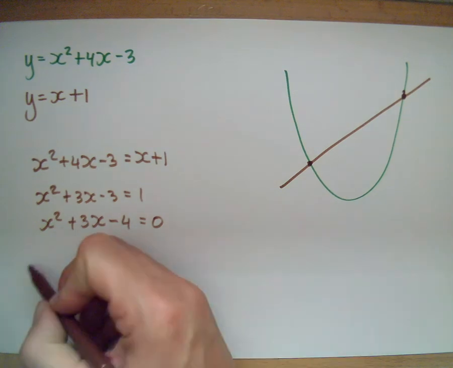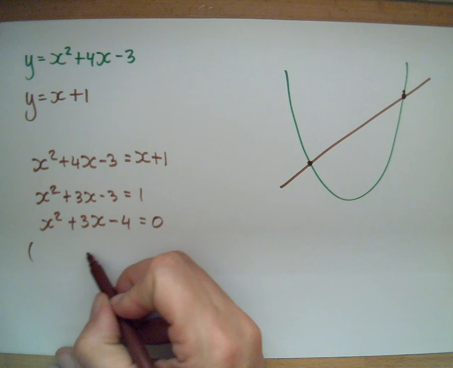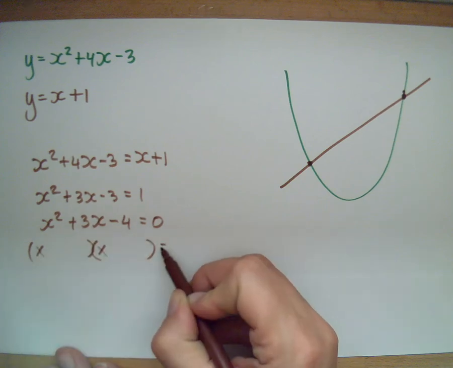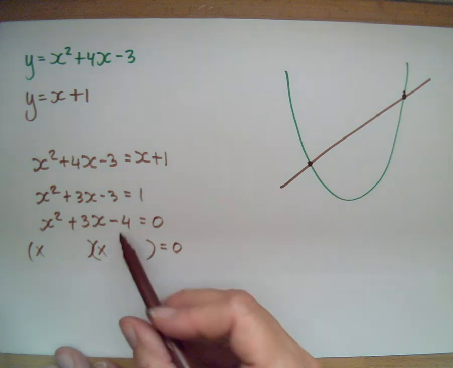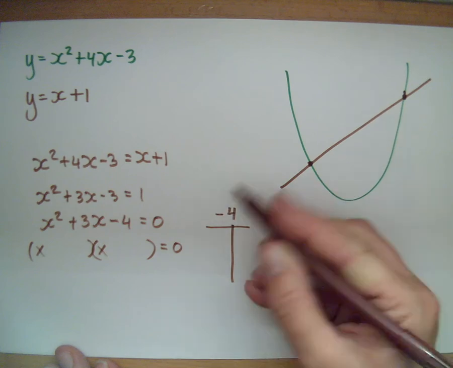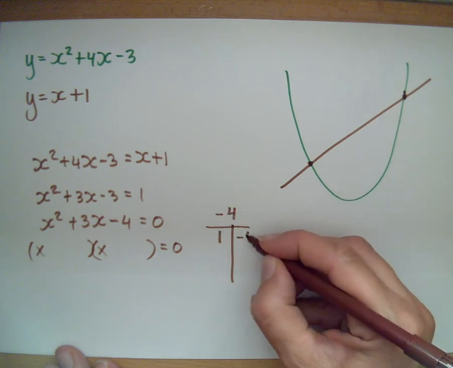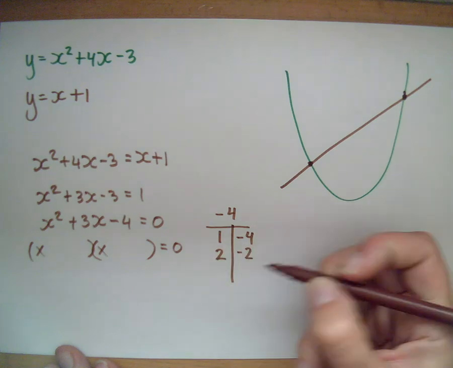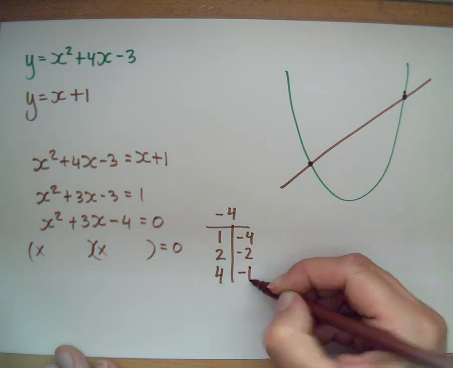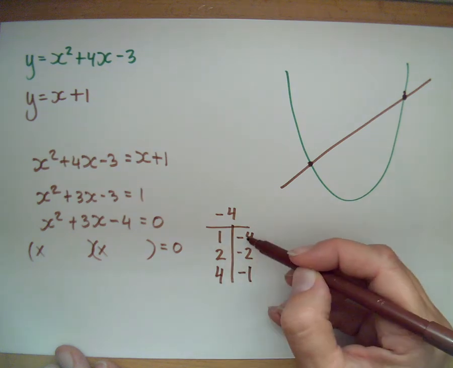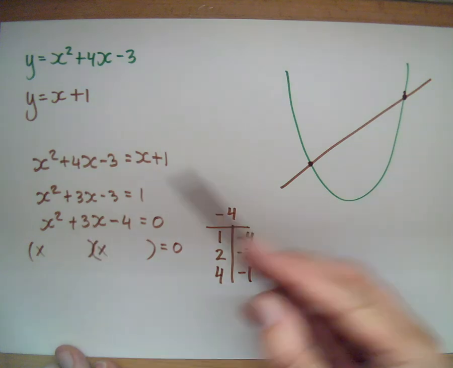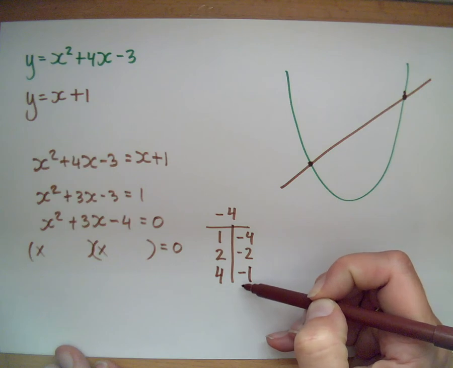Now we're going to factorize, and we notice x squared, so we know that we're going to have x and x here. Let's list the factors of -4. We can get -4 by doing 1 times -4, or 2 times -2, or 4 times -1. Which combination adds up to +3?